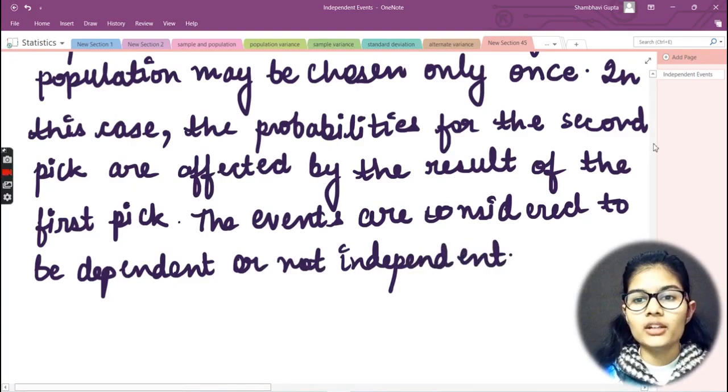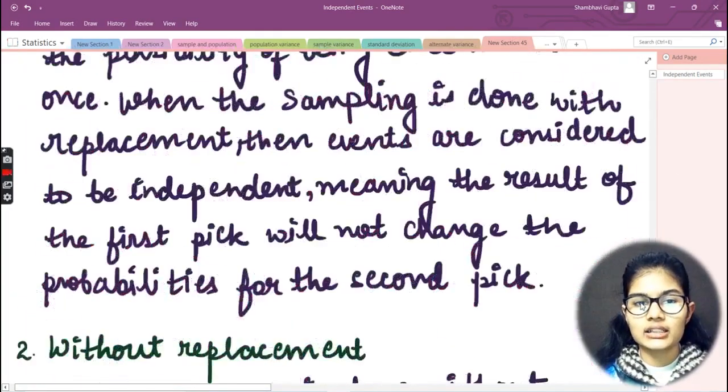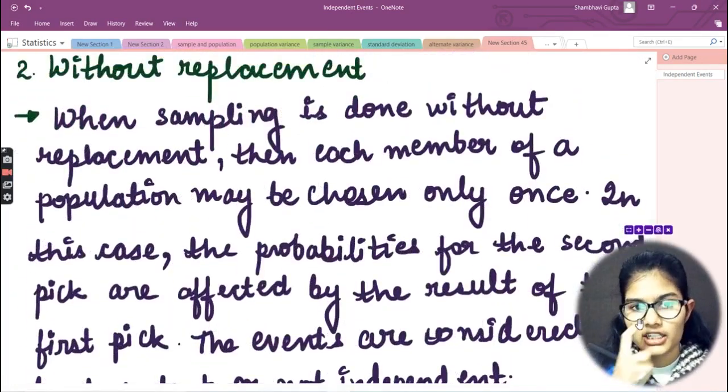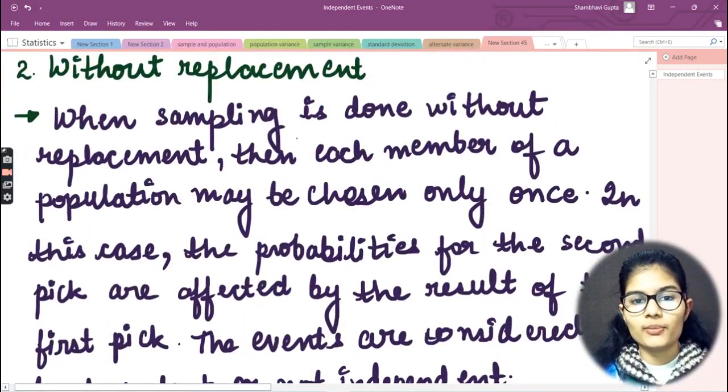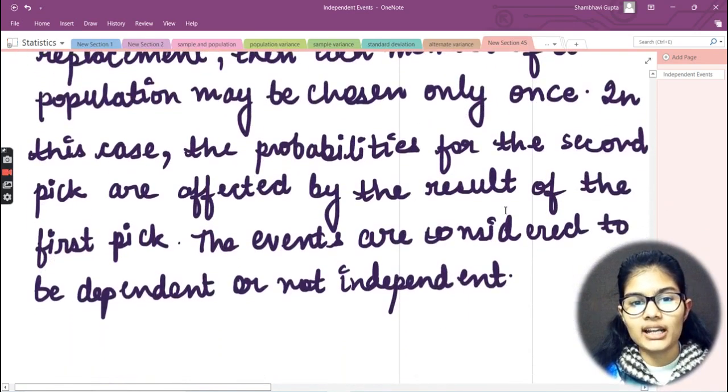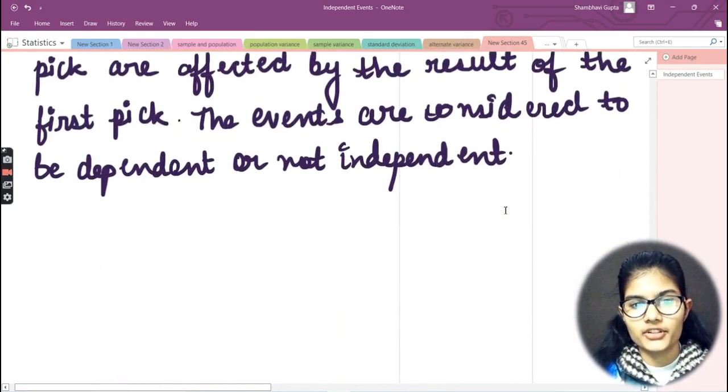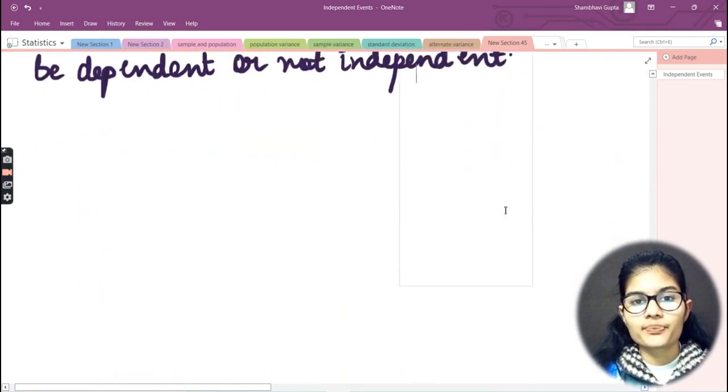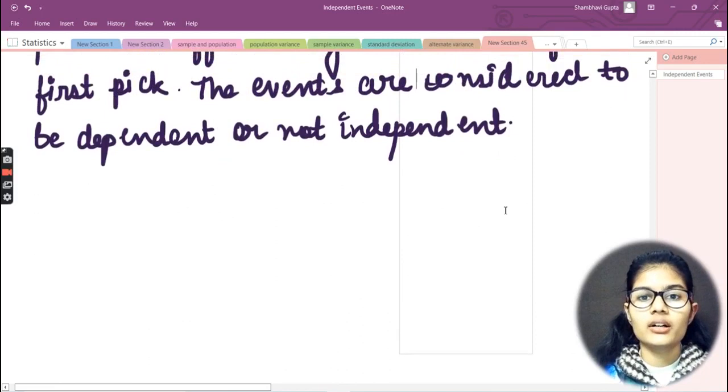So here, in the without replacement case, when sampling is done without replacement, each member of the population may be chosen only once. In this case, the probabilities for the second pick are affected by the result of the first pick. The events are considered to be dependent and not independent.